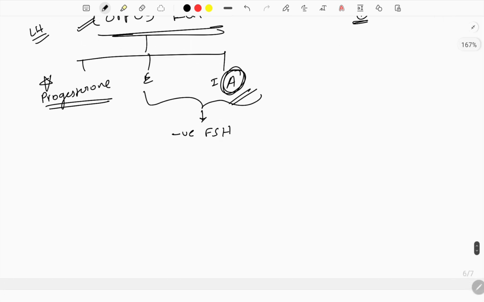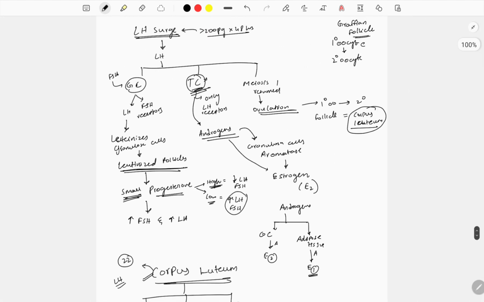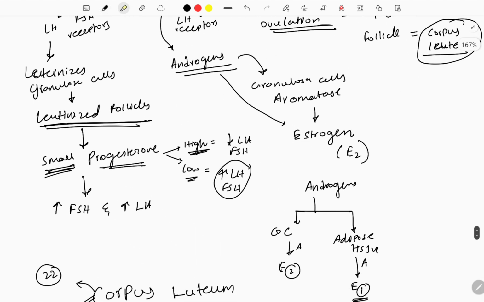Now, progesterone. What is the role of progesterone? It has two roles. The first role is that it supports the endometrium. The second role is that it has negative feedback on LH and FSH. Remember I said that if this progesterone is high, it decreases LH and FSH.